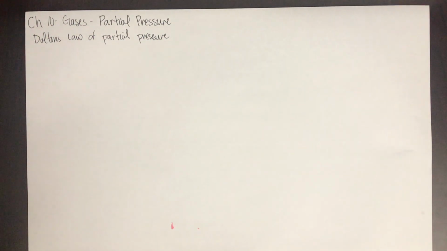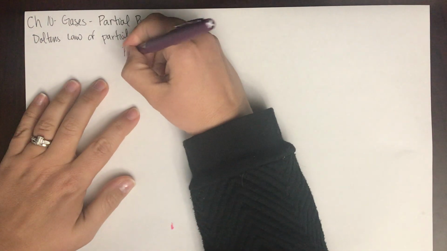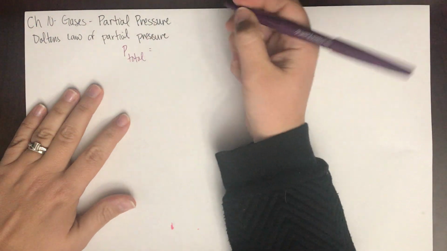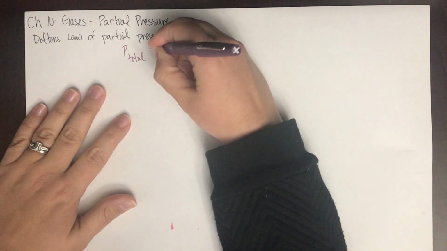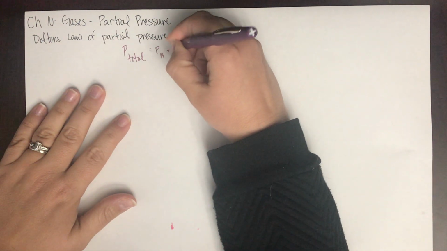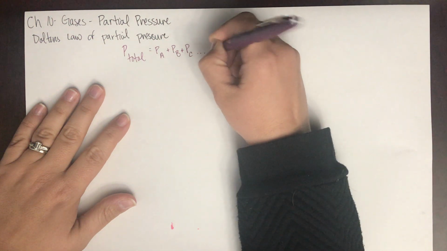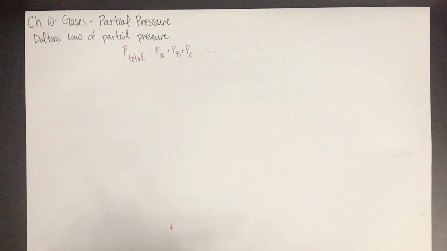So the formula that we use for Dalton's law of partial pressure says P total, which would be the total pressure of all of the gases in a mixture, equals PA plus PB plus PC, on and on and on, however many types of gases there are in the mixture.